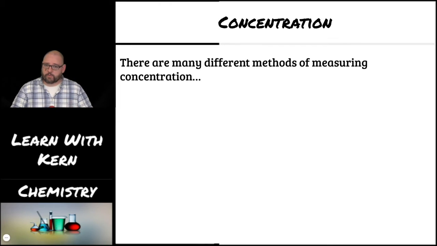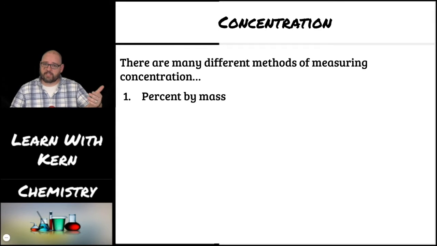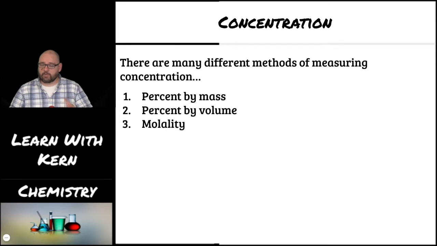Now, there are many different methods for measuring concentration. They have different forms, different ways of doing it, different names. We have something called percent by mass, so it's what percent of the total solution is your solute. We have percent by volume, same thing, what percent of the volume of your solution is the solute. We have molarity, which is a little bit complicated. We have mole fraction.